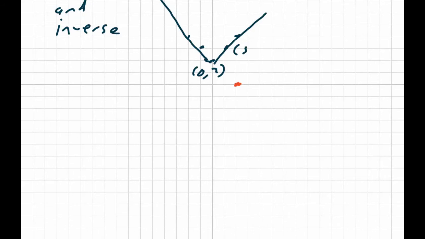This point is at 1, 3, so we need a point at 3, 1. And since this point is at negative 1, 3, we're going to need a point at 3, negative 1. And our V now is sideways. And we just graphed the absolute value of x plus 2 and its inverse.